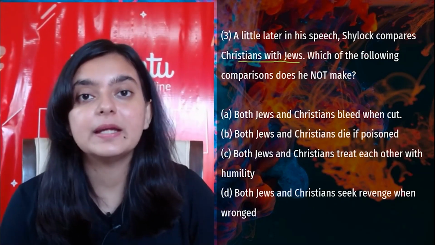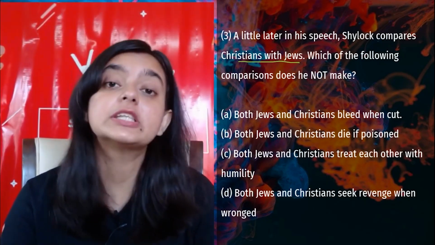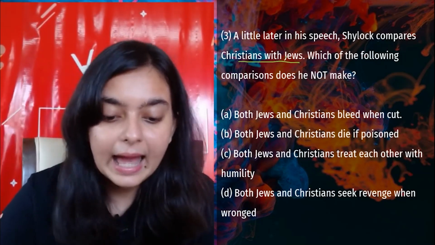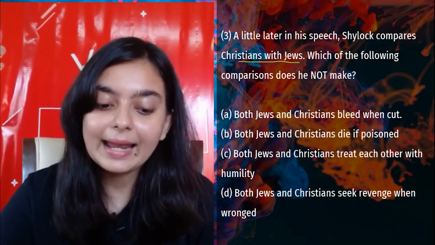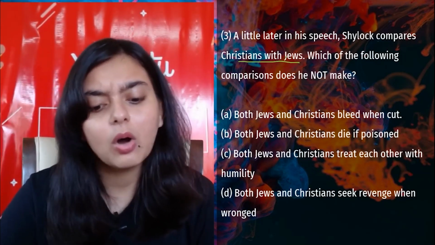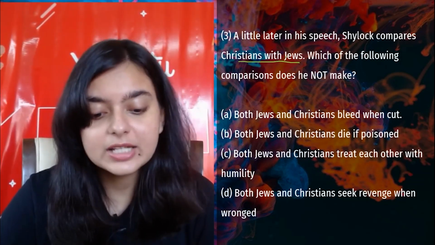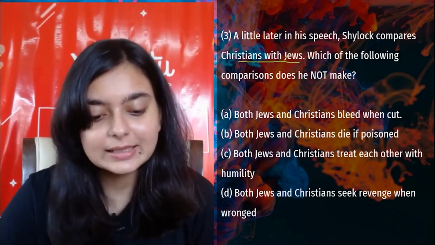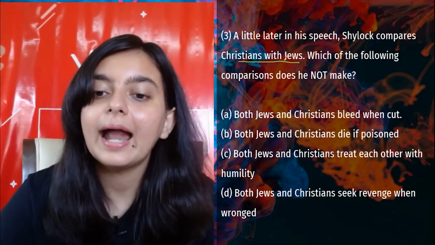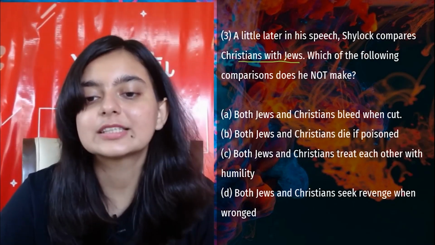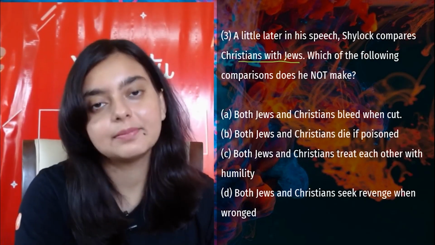Let me give you that speech, guys. Which speech am I talking about? Let me read this extract from your play. "What's his reason? I am a Jew. Hath not a Jew eyes, hath not a Jew hands, organs, dimensions," etc. "If we are like you in the rest, we will resemble you in that."